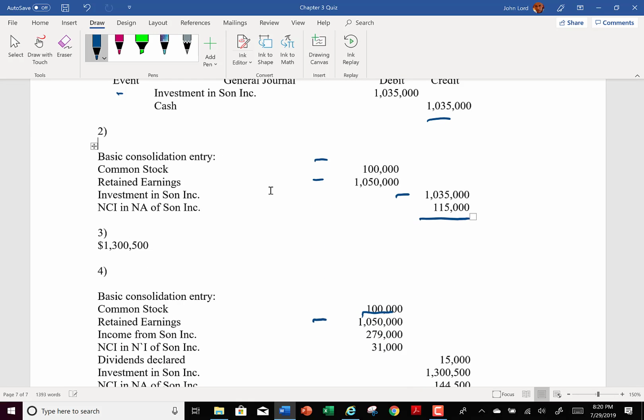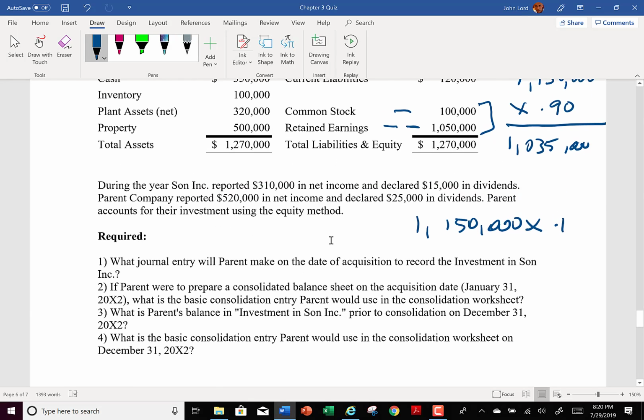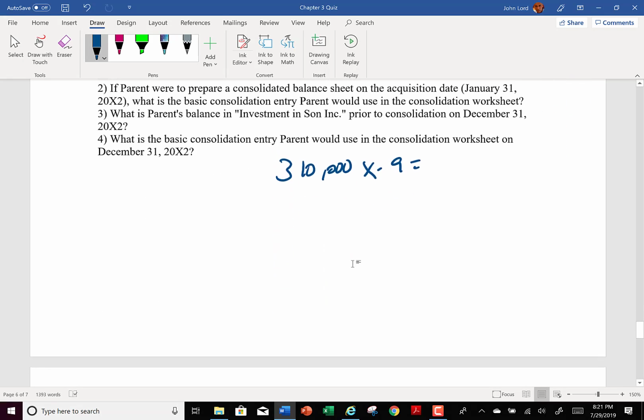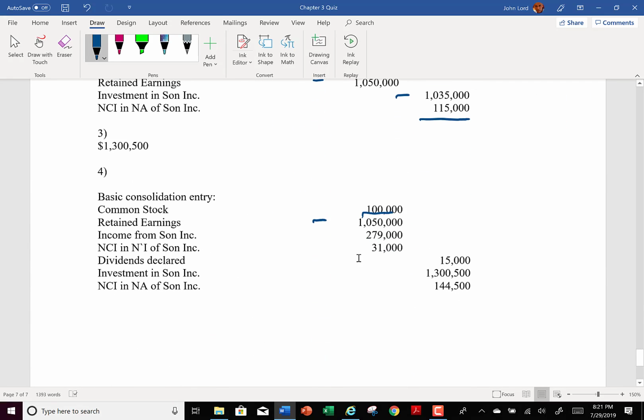I'm going to look at the income from Sun, and I'm going to get rid of the parent share of the income. So the income was 310, and I'm supposed to get 90% of that, which equals 279.